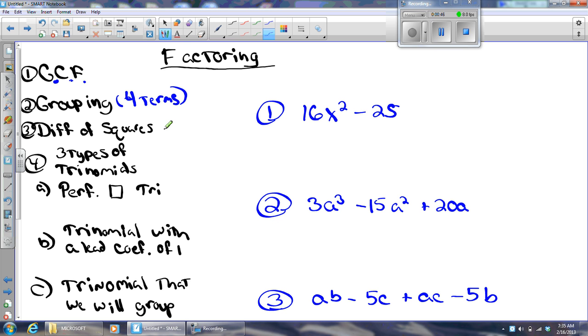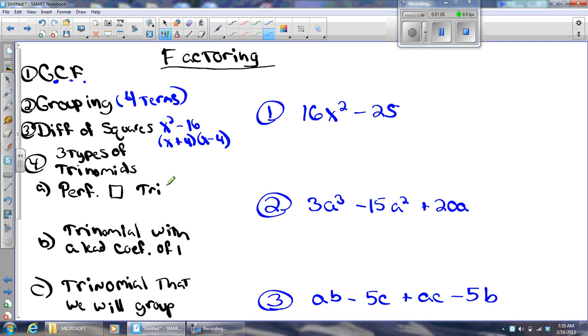Difference of squares, that's where you have a perfect square minus a perfect square, right? And that'll factor as the square root plus the square root, and then the square root minus the square root, just generally speaking. Okay, and there are 3 types of factoring we use on trinomials.